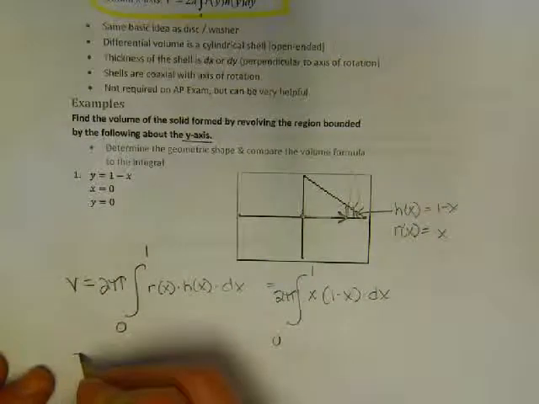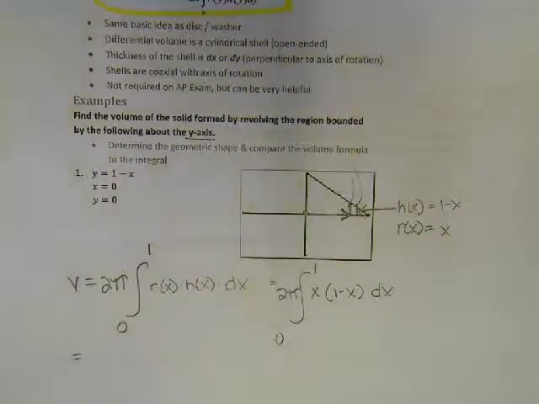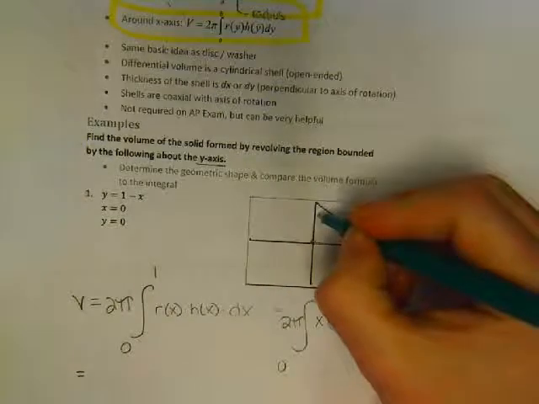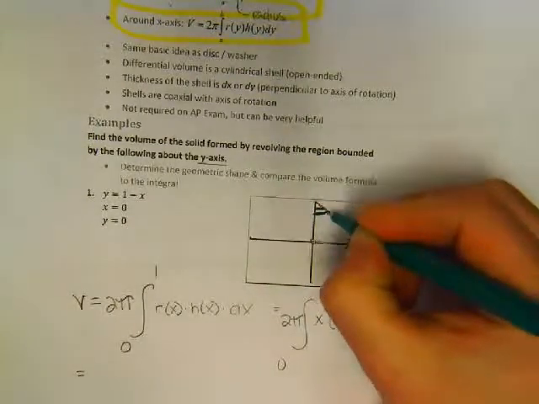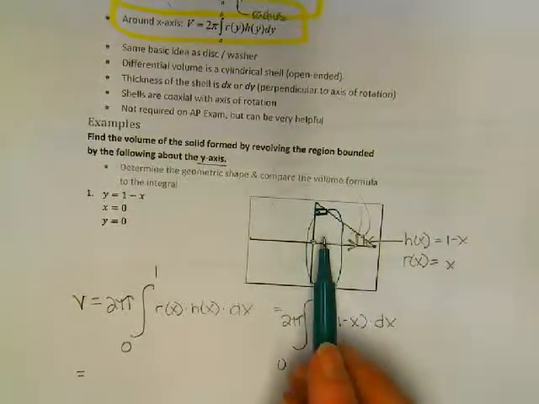So I don't get how you don't have to rewrite it. If you're trying to do it around the x-axis, would it just be the same exact equation? No. It would be the same equation, but if I went around the x-axis using the shell method, shells go parallel. So if I went around the x-axis, it would be like this. To have the height, I'd have to rewrite it in terms of y.